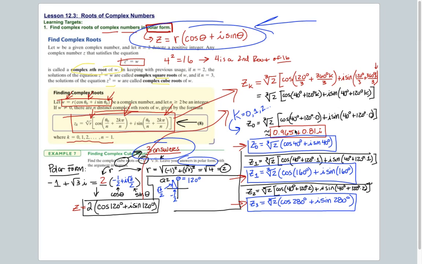All three have the same magnitude, and that's going to be the cube root of 3. And that means they all would lie the same distance away from the origin. Sorry, it would be the cube root of 2 is what I meant to say. And also, you'll notice that they are also going to be 120 degrees apart.